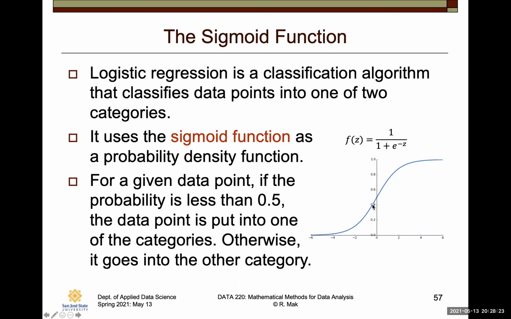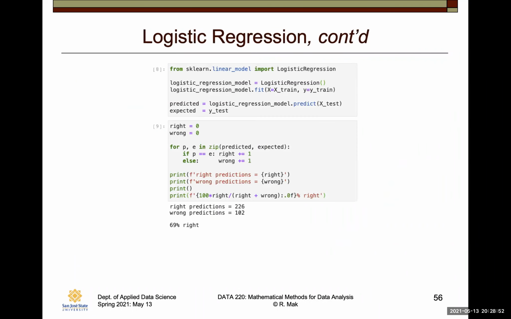If it's less than a half, then it goes in one category, but if it's greater than a half, then it goes into the other category. So the sigmoid function tells you whether it's in one value or the other value of the dependent variable. That is, in a very small nutshell, the logistic function.